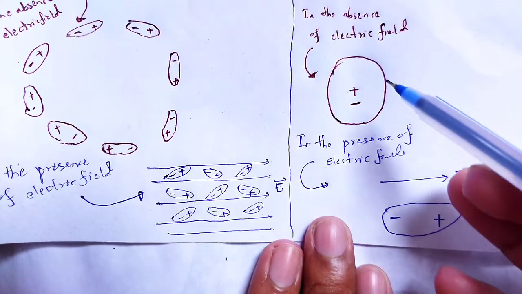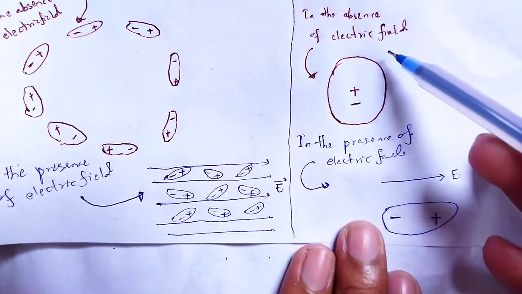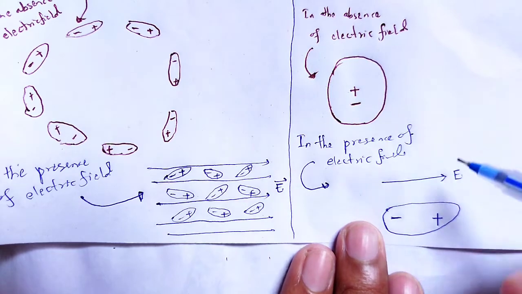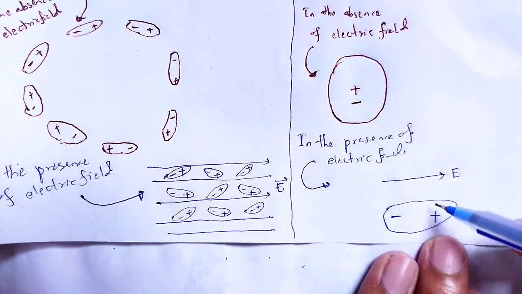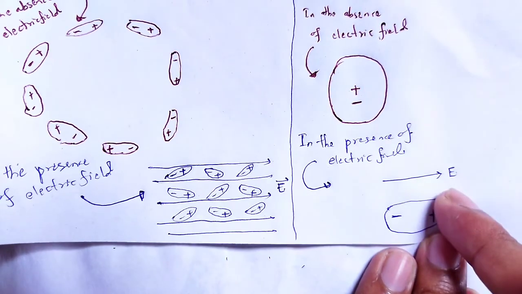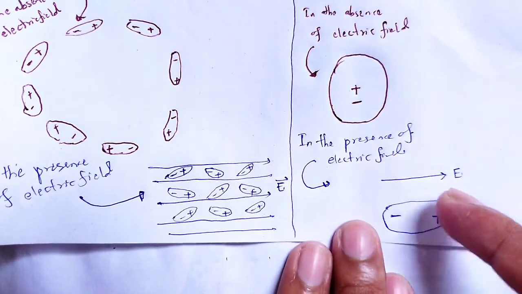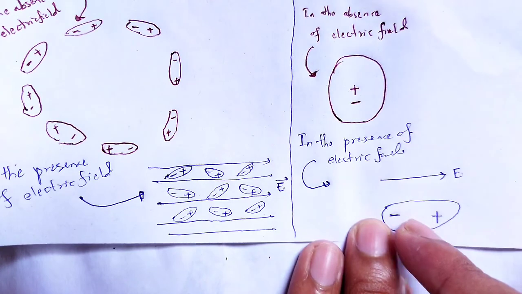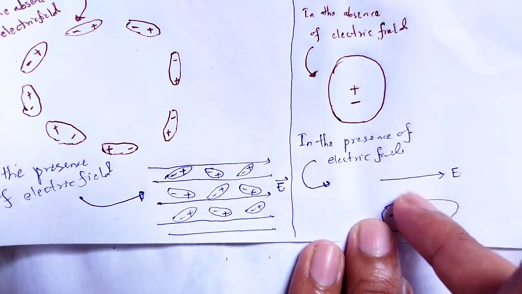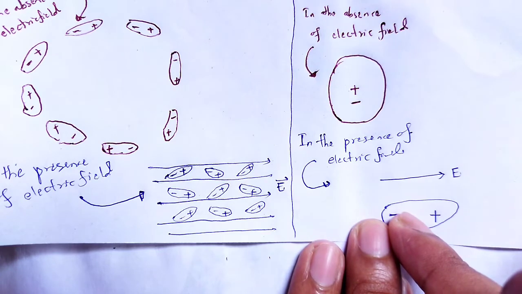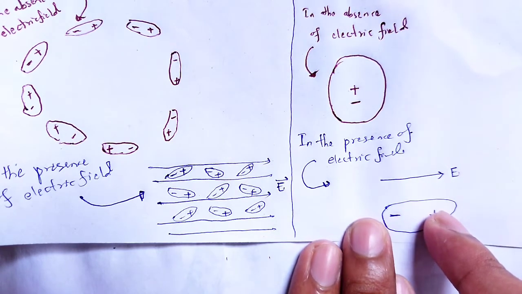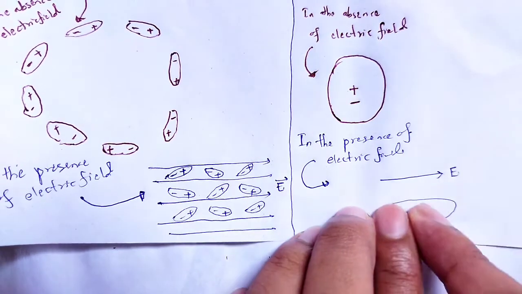In the presence of the applied electric field, all the positive charges in the molecule experience a force in the direction of the electric field, and all the negative charges, meaning the electrons, experience a force in the direction opposite to the electric field. Hence, the center of gravity of positive and negative charges are displaced in opposite directions.